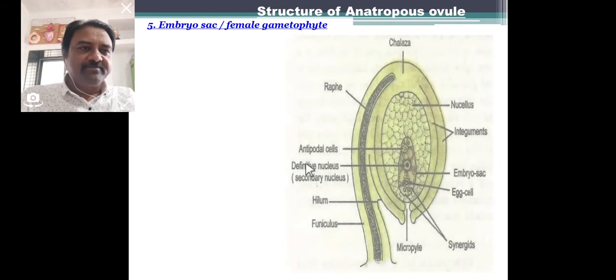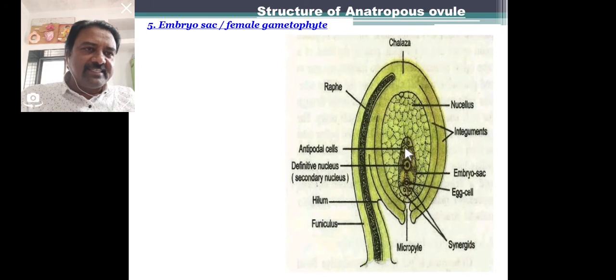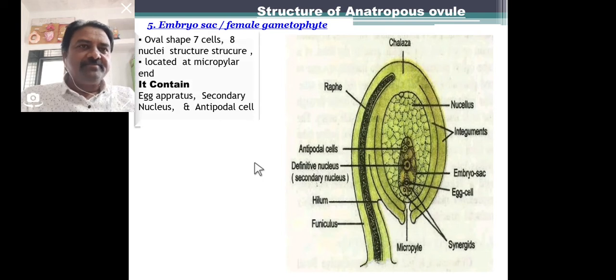The last part of the body is known as the embryo sac or female gametophyte. Here it is clearly seen: this one is the female gametophyte or embryo sac.